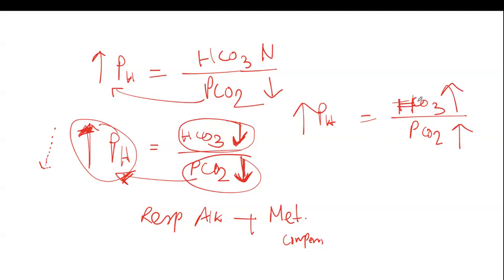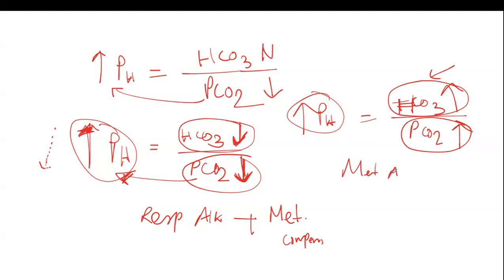Now, if you look here, if PCO2 was the culprit, because PCO2 has increased, pH should not be increased, right? Because if PCO2 is the main culprit, pH should be low. So it is not the main problem. The problem is bicarbonate is high. That's why pH is high. So it is metabolic alkalosis. And now you can easily understand. So respiratory compensation.